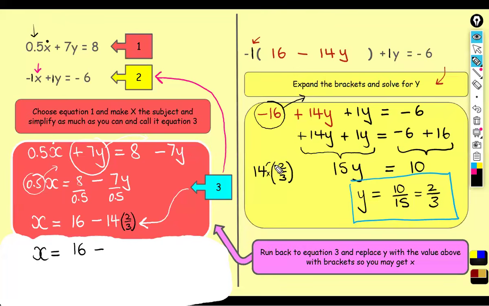What you just do is take the 14 and multiply by the top number. 14 multiplied by 2 is 28/3. So when you take 14 and multiply it by 2/3, once again, the 14 gets multiplied by the top number only, the numerator. 14 by 2 is 28.